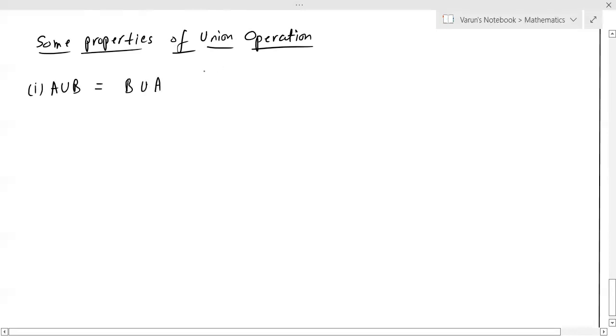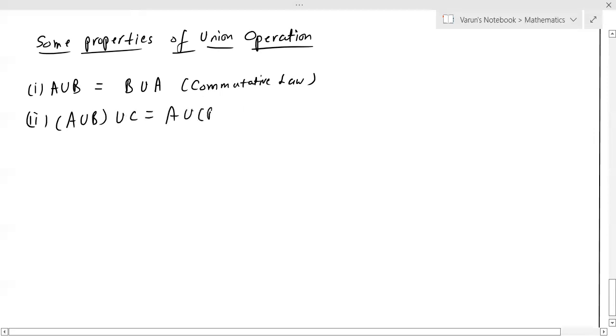First of all, A union B is equal to B union A, known as the commutative law. Second, (A union B) union C is equal to A union (B union C).